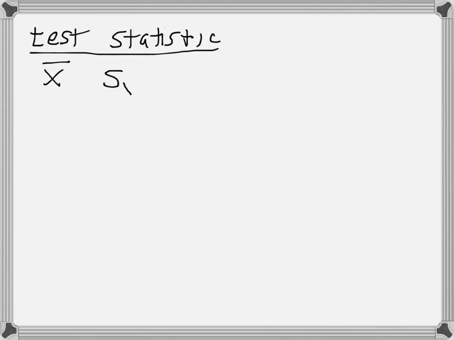We're going to need S sub x, that's the standard deviation from the sample. All of these can be found with one var stats on your calculator. We're also going to need a sample size n. And since this is a t-distribution like before, we're also going to need the degrees of freedom, which is n minus 1.